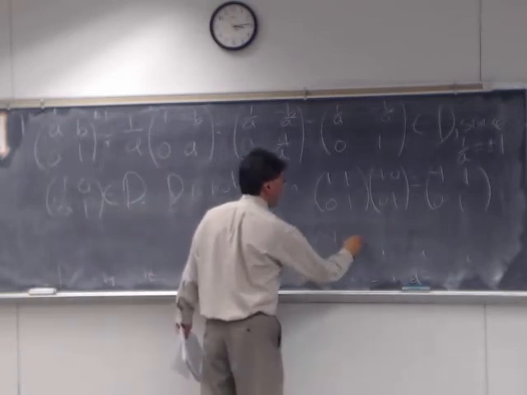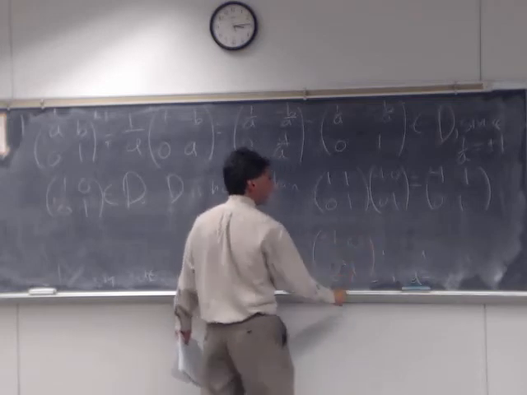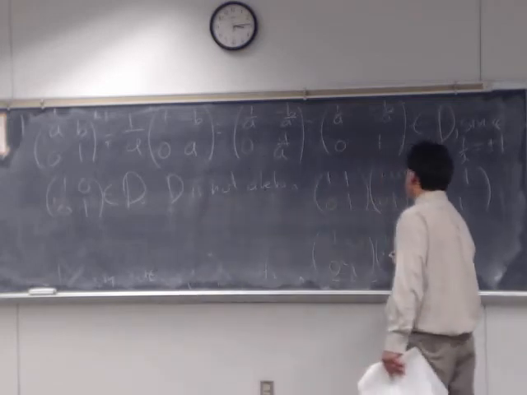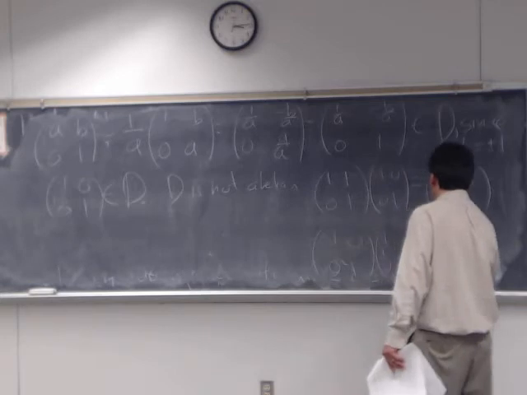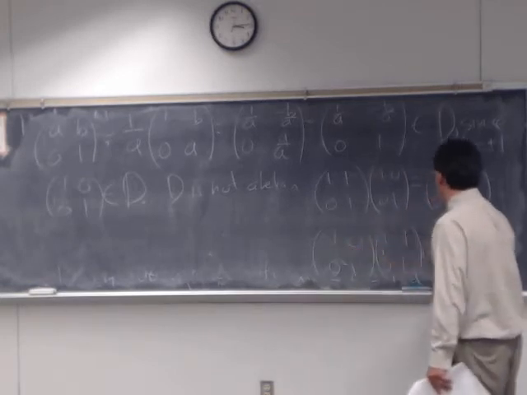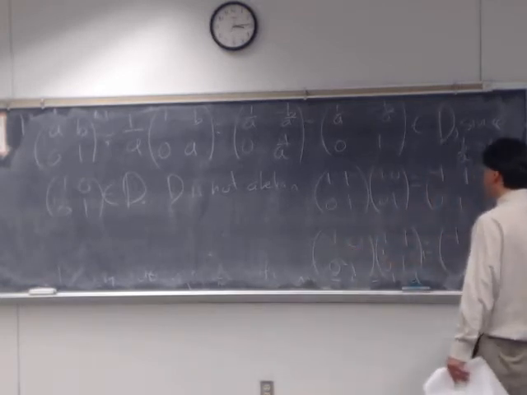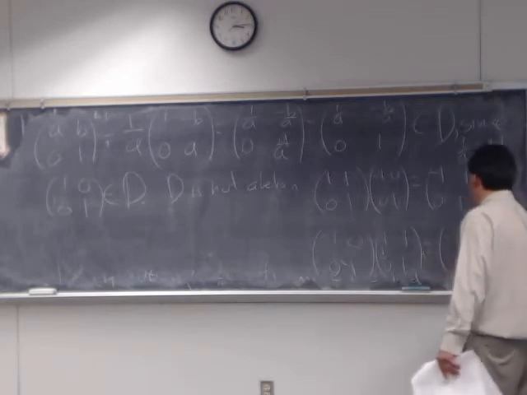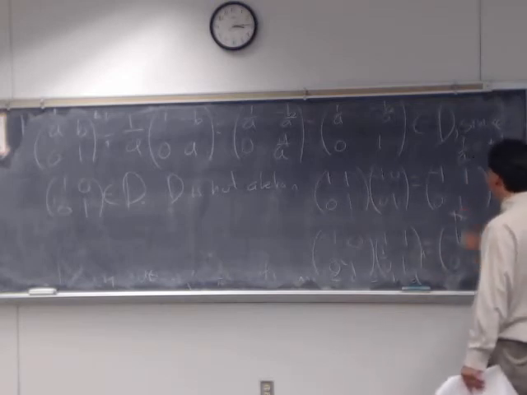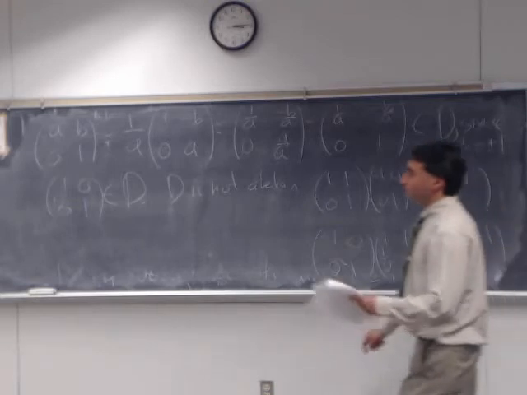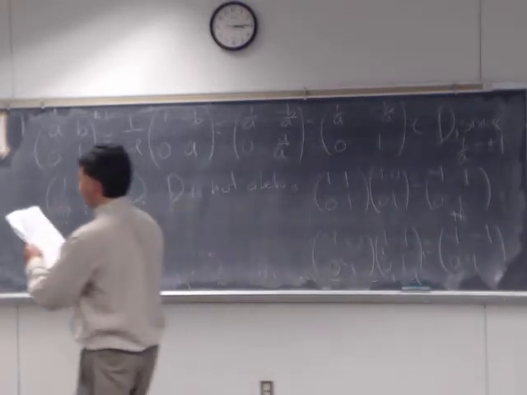But if we switch the order, this would give us negative 1, negative 1. And these two are not equal. So D is a group, but it is not an abelian group.